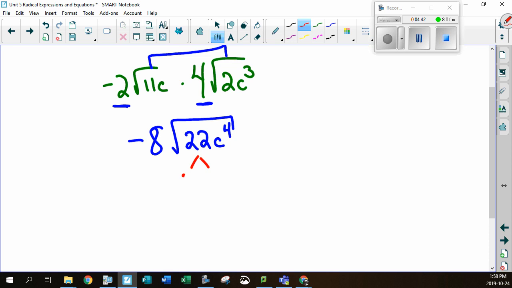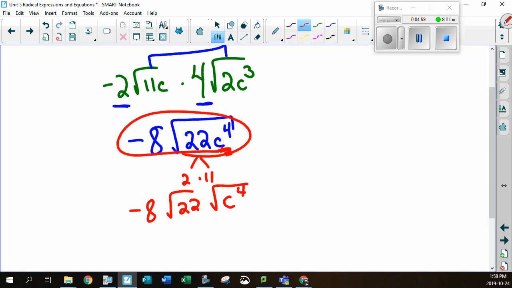Sure, 2 times 11, but there's no pair there. But look at this, there's a c to the 4 here. So can't you say minus 8 times root 22 times root c to the 4? That's exactly the same. All I did is break this down into two separate pieces.